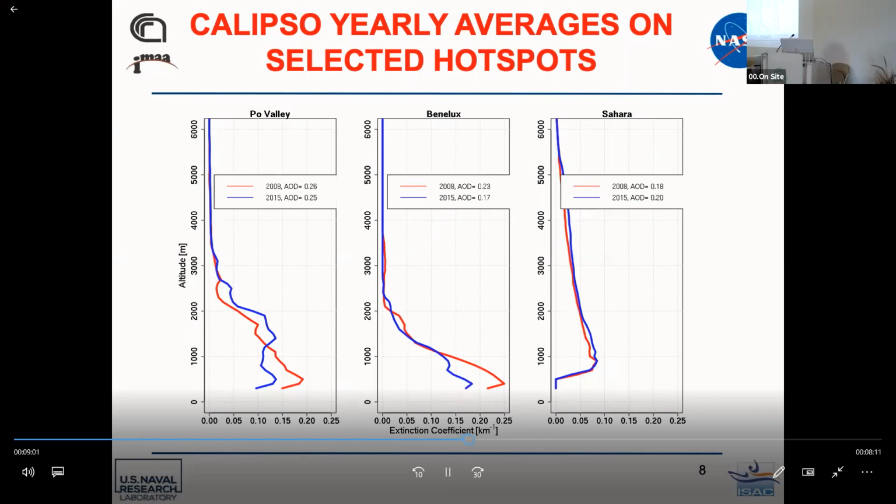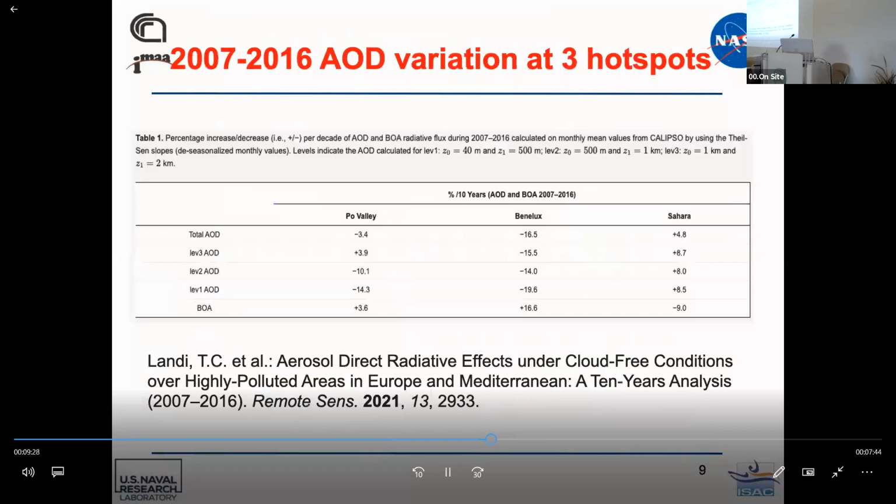While for the Sahara, which is a natural source, as expected, we have almost the same average over the two years, 2008 and 2015. So the EU policies were effective, as you can see here, and the natural source is staying constant.